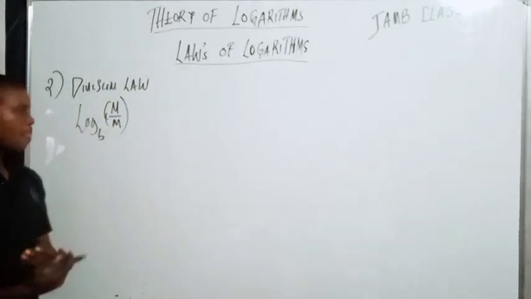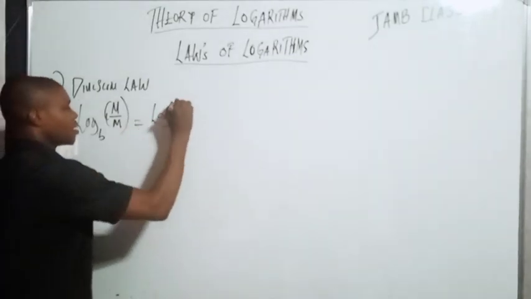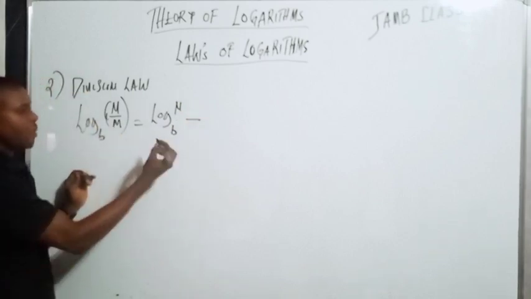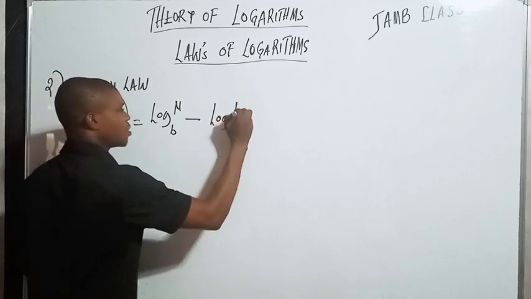How do you evaluate it? It equals log b n minus log b m, so the division changes to a negative sign.